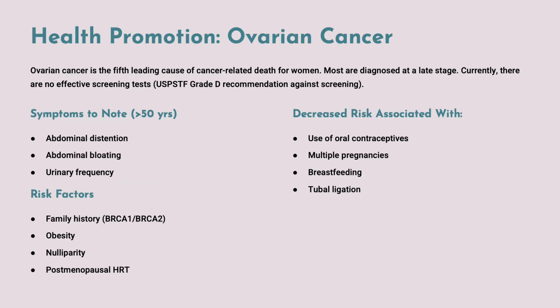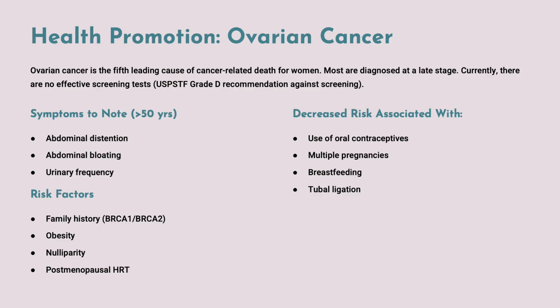So we're done with cervical cancer screening and prevention, but how about ovarian cancer? It's the fifth leading cause of cancer-related death for women, and most are diagnosed already at a late stage. However, unlike cervical screening, in which you could do a pap smear with HPV DNA testing, with ovarian cancer, there are no effective screening tests.